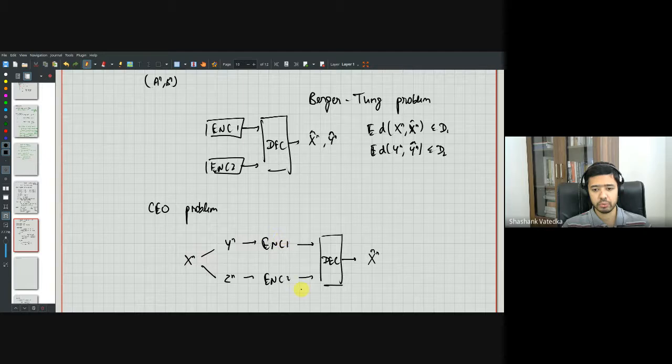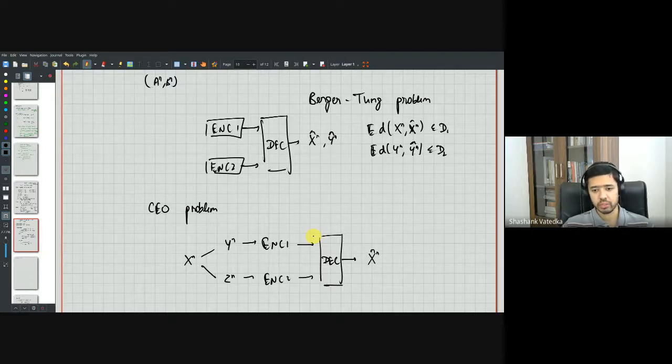These are measured by two different devices, and there is some noise in the measurements, and these measurements are transmitted to some central server or a fusion center, whatever, and the goal of the fusion center or the server is to estimate the actual parameter. All right, and so what is the best that you can do? But note that we're all operating under certain rate constraints, right? You cannot send yn exactly to the fusion center or to the server. All you can do is transmit some compressed version.